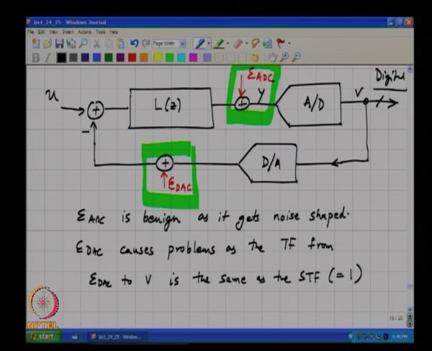This is in line with the general intuition that if you have a feedback system, the output is largely determined by the feedback block, isn't it? If the feedback block is creating mischief, then that will reflect in the output, right.